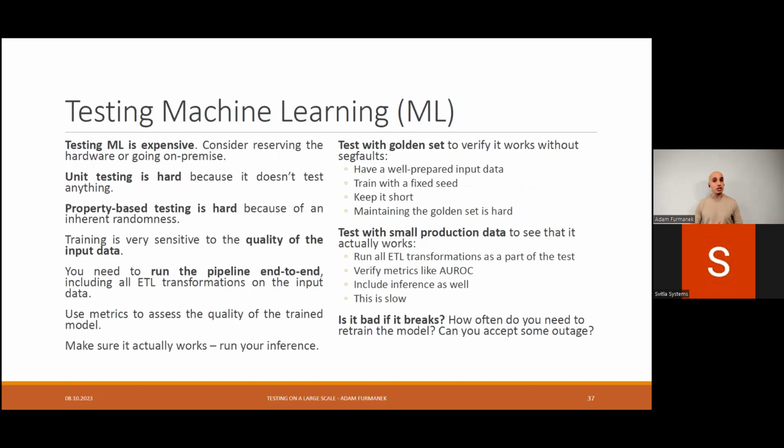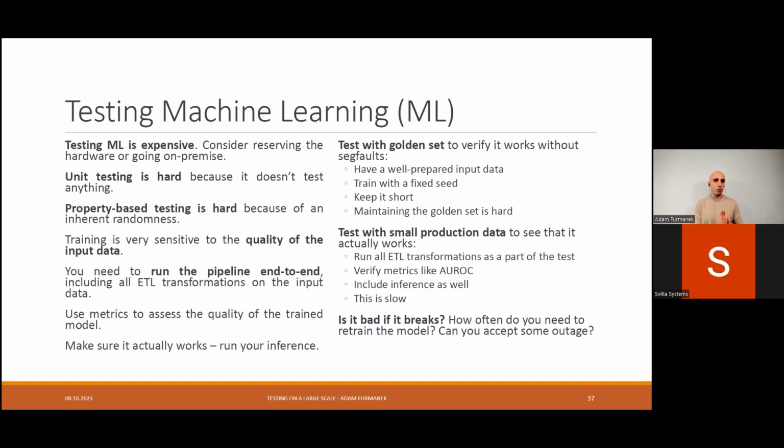Another thing: machine learning. How can we test machine learning domains? There are, again, a couple of issues with machine learning. First, testing ML is expensive because we need to do the training and the inference on the actual data sets. We can't test those things with unit tests because they won't even show us whether the model will learn anything and whether the result is what we expect.